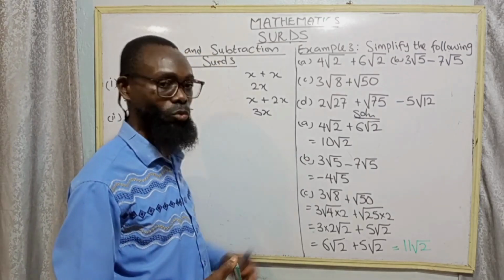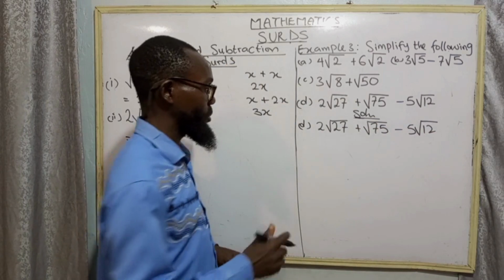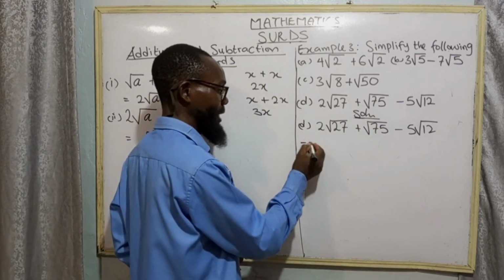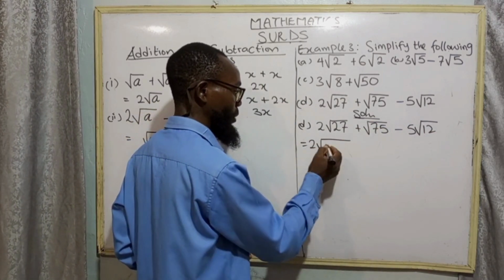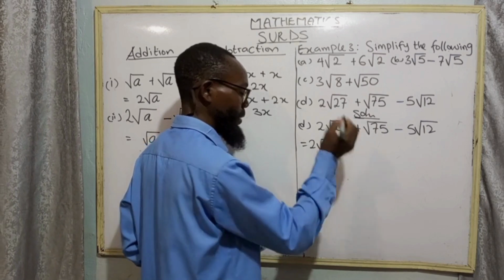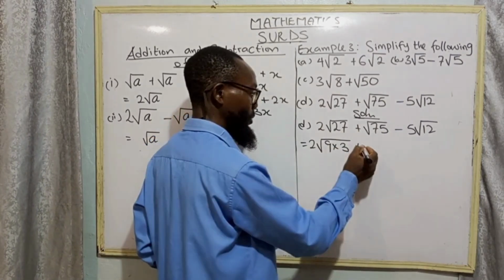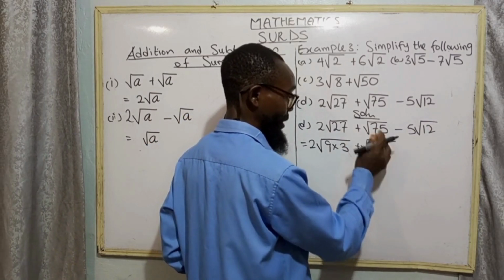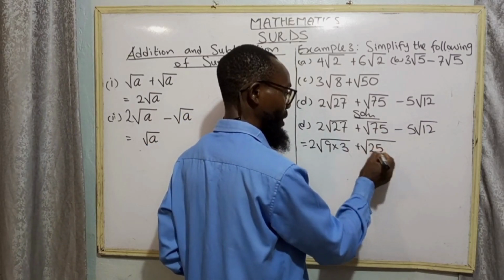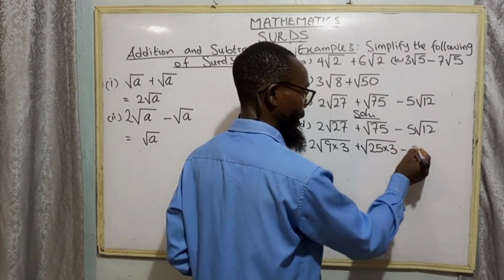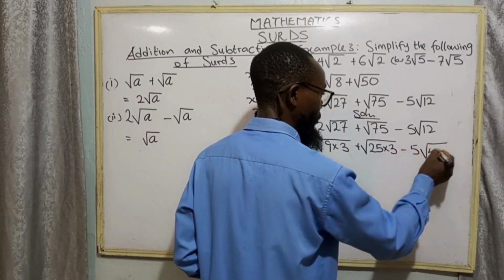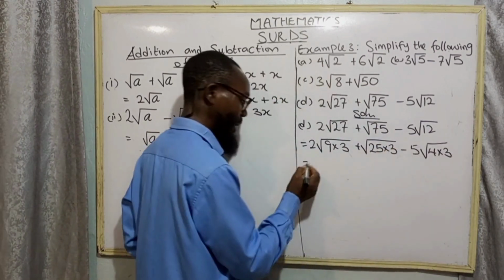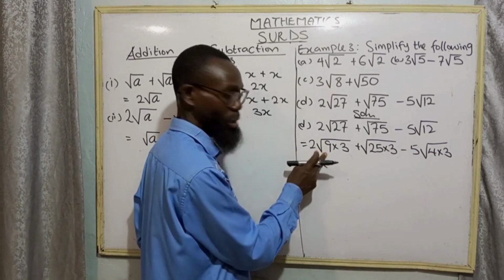Now let's move on to question D. Now 2 root 27 can be written as 2 square root of 9 times 3, that is 27, plus square root of 75 can be written as 25 multiplied by 3, minus 5 square root of 4 times 3. So we have 2 multiplied by, what is square root of 9?